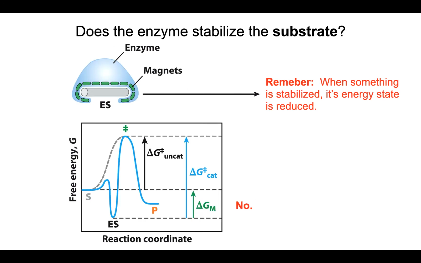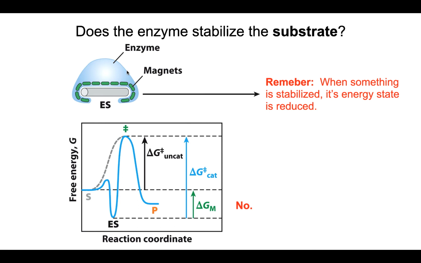Well, let's look at what happens if we design it specifically to stabilize the substrate. Essentially what we've done is we have made that rod even harder to break, even harder to reach the transition state, because it's pretty happy right here interacting with the magnets in our hypothetical enzyme.